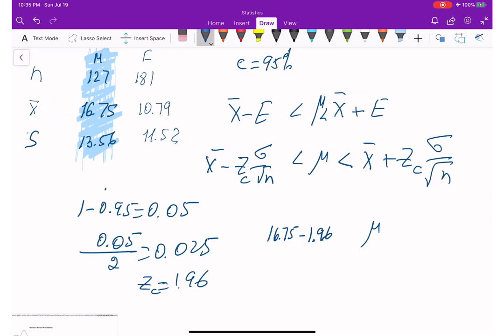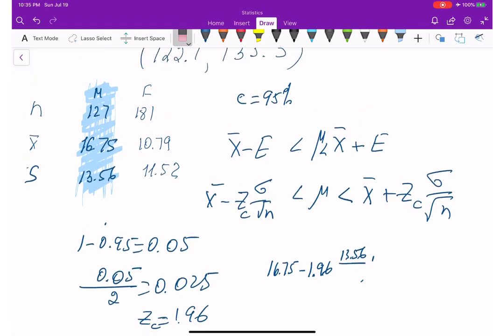So it's going to be times sigma, 13.56, over square root of n. N is 127, right? Right here. So let's see. The square root of 127 is going to be 11.269.